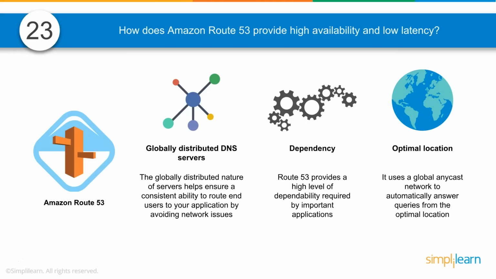Amazon is a globally distributed DNS provider. It has DNS servers worldwide, in optimal locations, in different parts of the globe, and that's how they are able to provide high availability. And because it's not running on just one server but on many servers, they provide high availability and low latency.